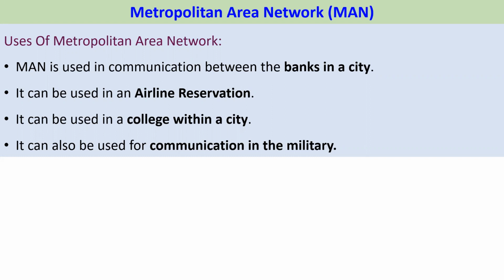That is called the metropolitan area network. Then airline reservation is another place where they use the metropolitan area network. Then colleges within the city, right? That's also another place. Then communication for military purposes is also suitable for this type of network system.